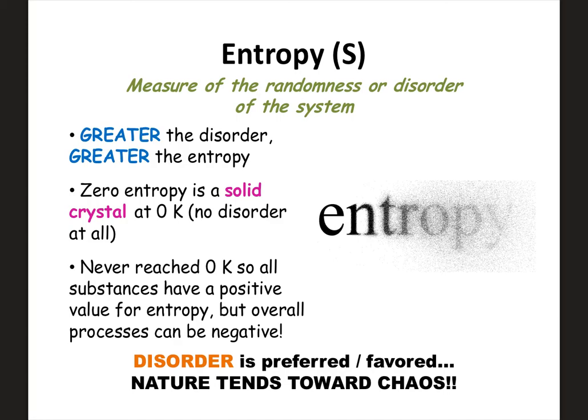So important to understand here that enthalpy and entropy are kind of going to be opposites of each other, as you'll see as we go through and do some of these things here. So entropy is the amount of disorder. More disorder, all right, more entropy, and we do prefer this positive entropy. Disorder is favored in nature.